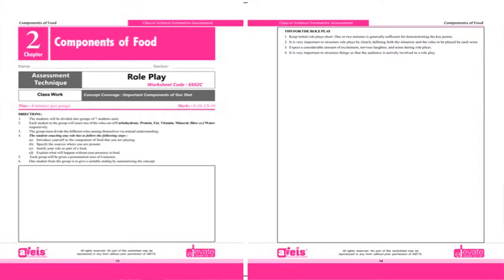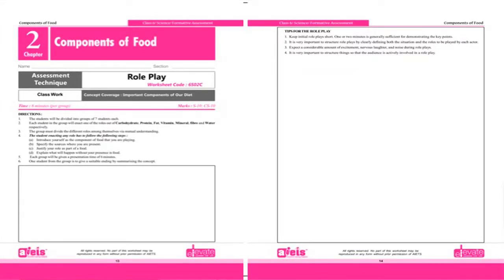Time is 6 minutes for each group, and the marks are 10 for scholastic and 10 for co-scholastic. And this is a classwork. Each and every activity will be either a classwork or a homework.